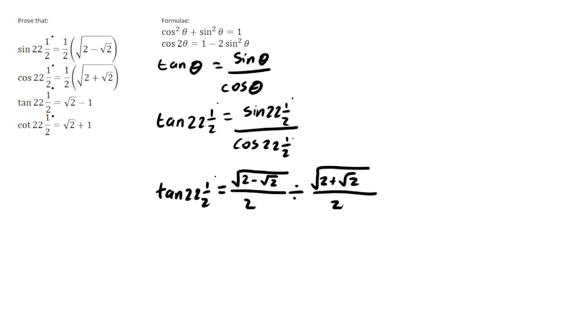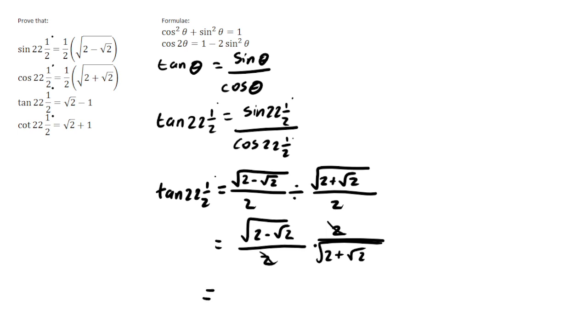And obviously with dividing we have to flip this fraction, take the reciprocal of it, and multiply it with this fraction. So when we do that, the 2's cancel out.